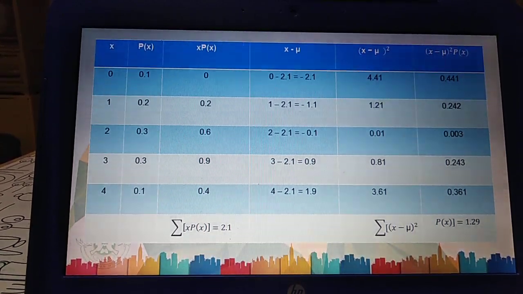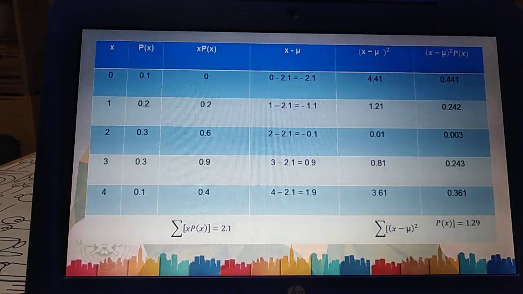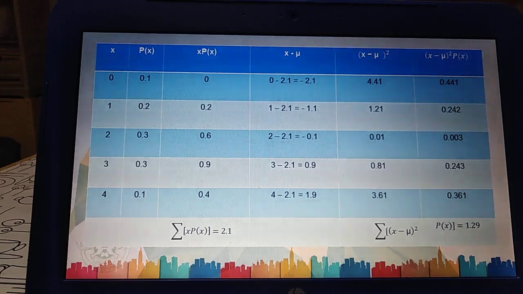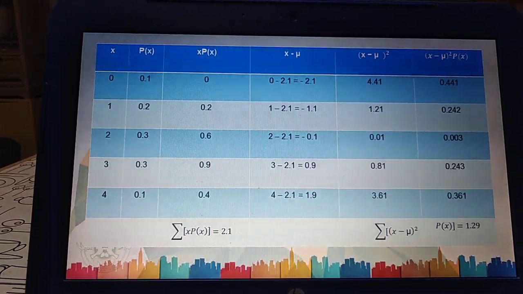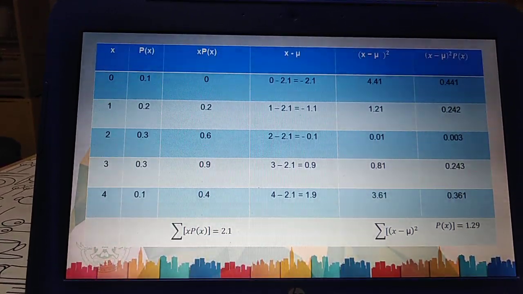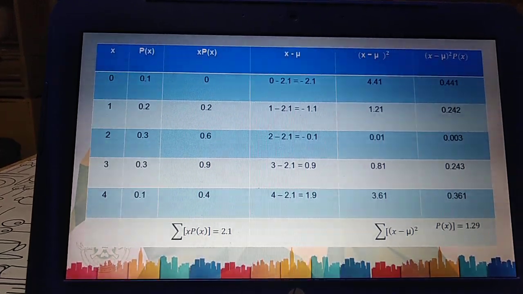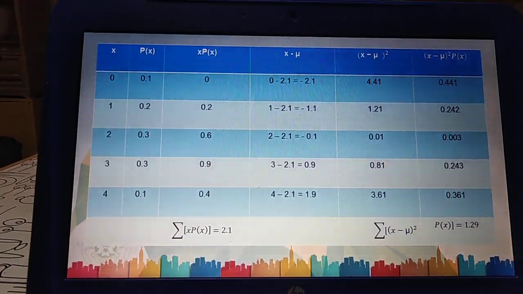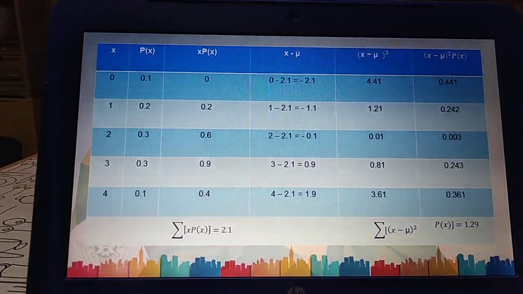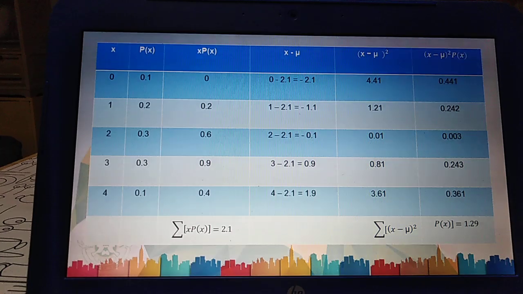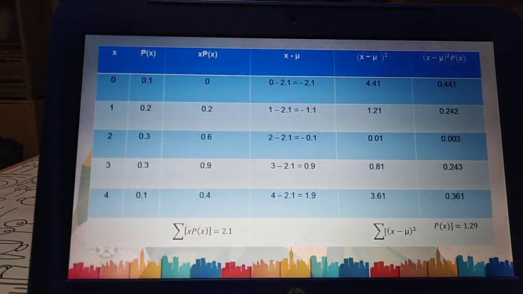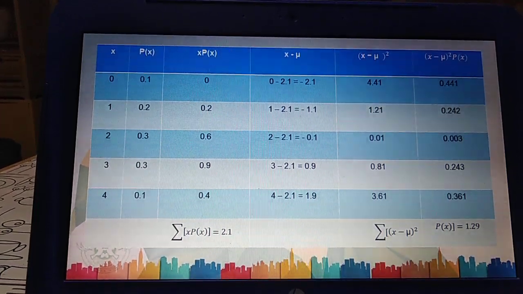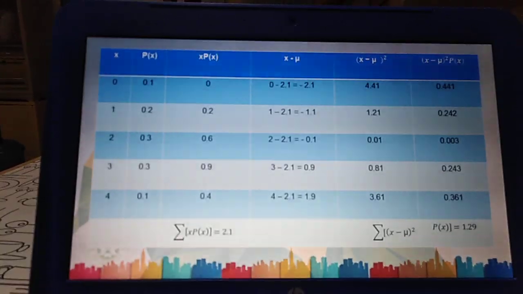So to get the third column, we only get the product of the random variable and its probability. Why are we multiplying the two? Because if we add all of them, then we are able to get the expected value or the mean. Remember, the first thing that we need to do is to find the mean. So again, to find the mean, we multiply all the random variables with their probabilities and then we add everything.